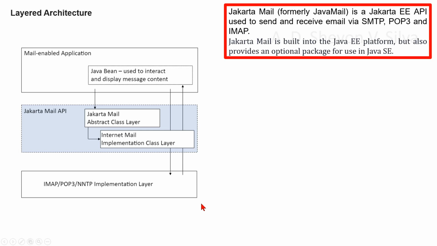Jakarta Mail, formerly JavaMail, is a Jakarta EE API used to send and receive email via SMTP, POP3 and IMAP. Jakarta Mail is built into the Java EE platform but also provides an optional package for use in Java SE.